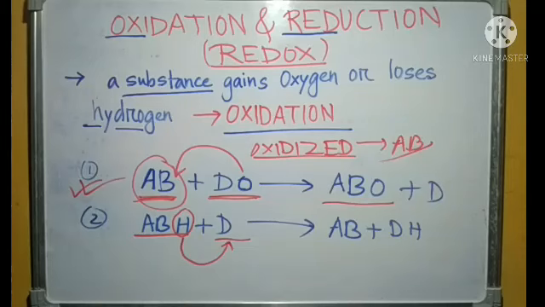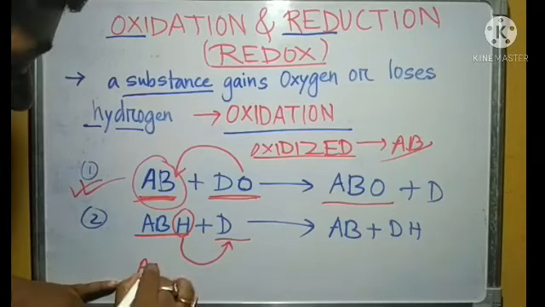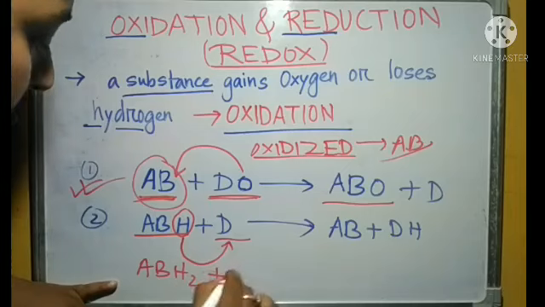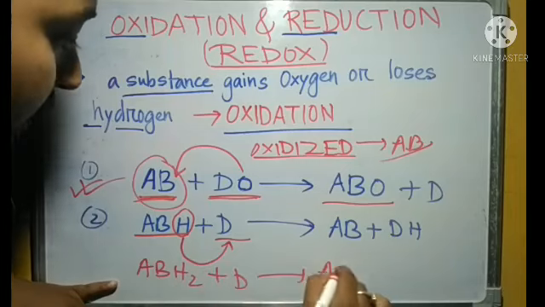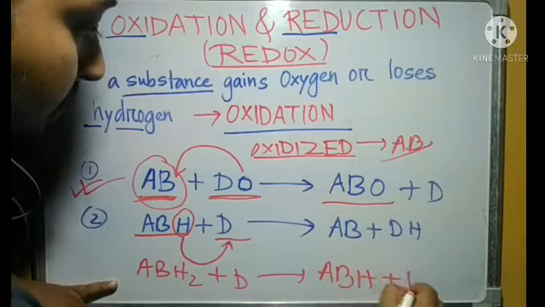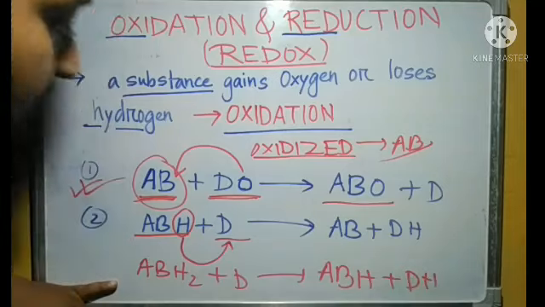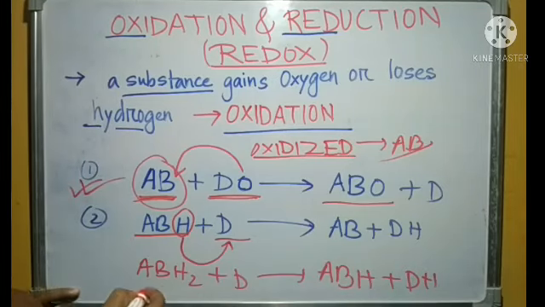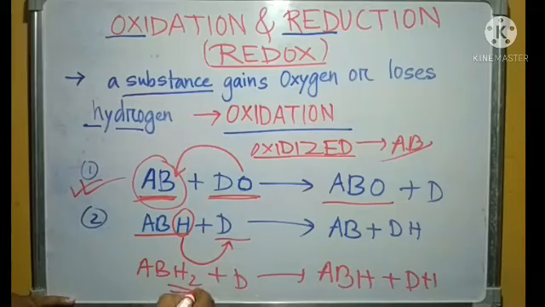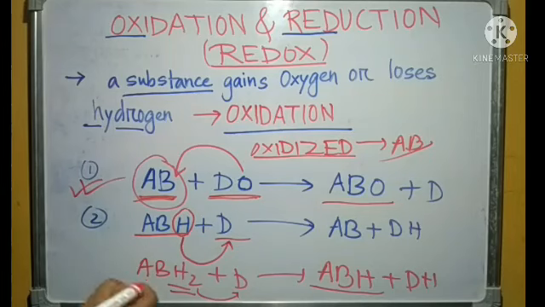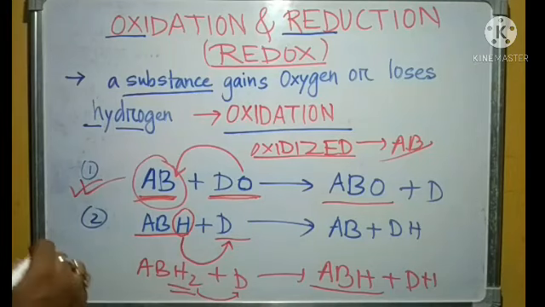It may also be like this: suppose ABH2 plus D gives ABH plus DH. In this case also, earlier we had two hydrogen atoms and now one hydrogen atom is transferred to D. So one hydrogen goes out of the ABH2 reactant, meaning this reactant loses a hydrogen atom.